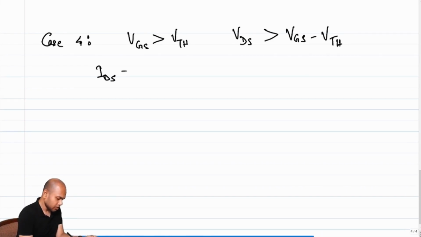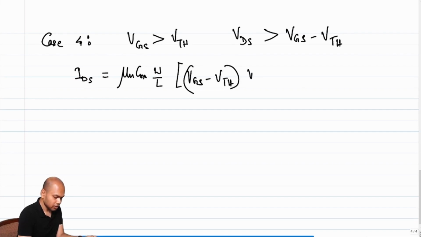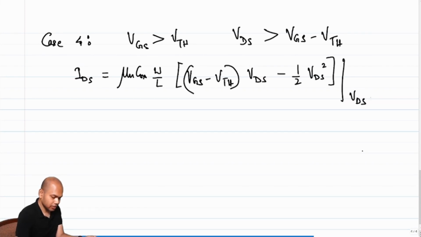As it turns out, the governing current equation, let me rewrite the old equation, essentially becomes the equation in the previous case, that is mu n Cox W over L times VGS minus VTH times VDS minus half of VDS squared, for values of VDS up to VGS minus VTH.